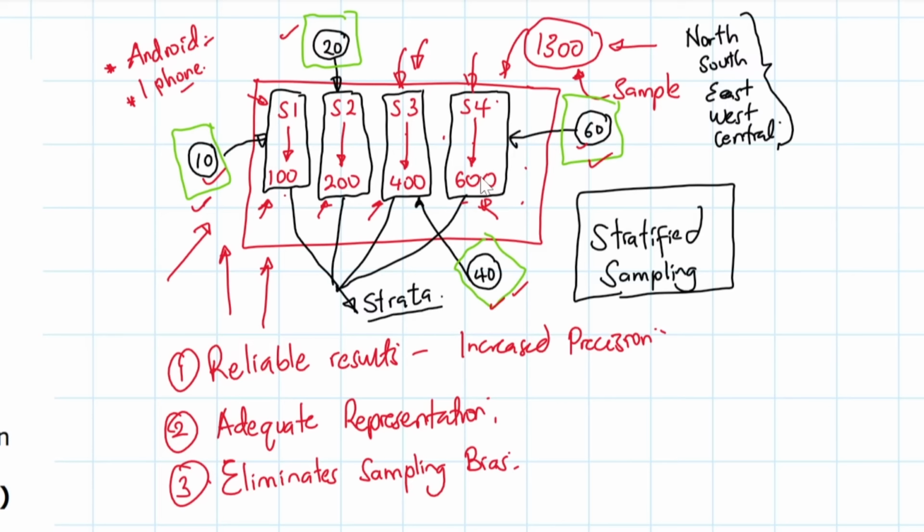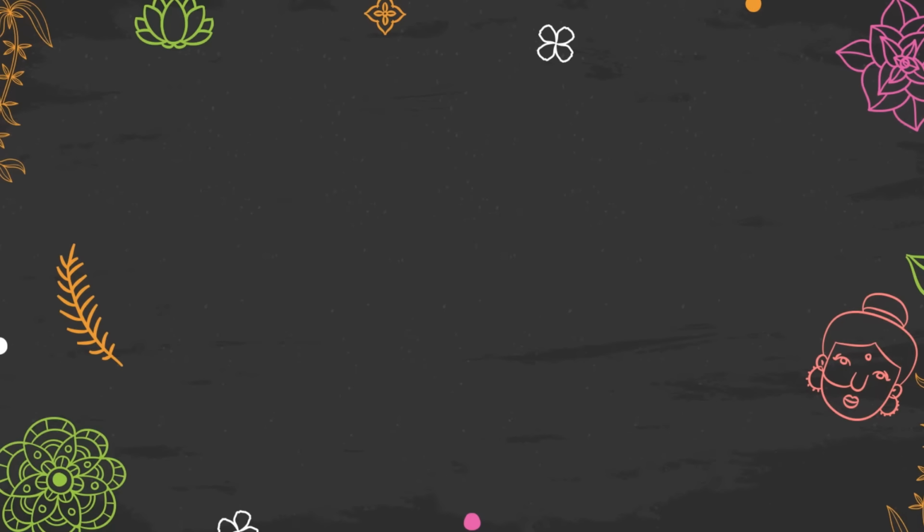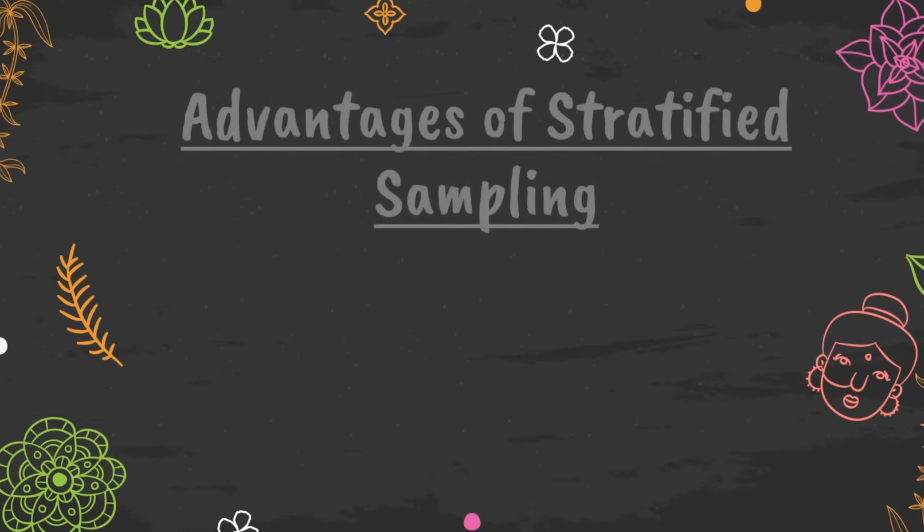There is no class that has been overrepresented, and no class that has been underrepresented. So it means that our results will be free from sampling bias. In other words, if you're to write, you can say that it helps mitigate the potential for sampling bias.